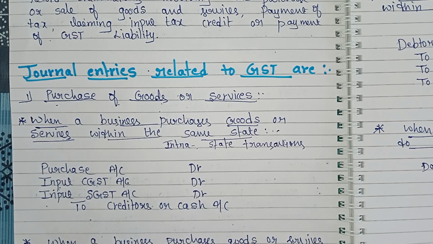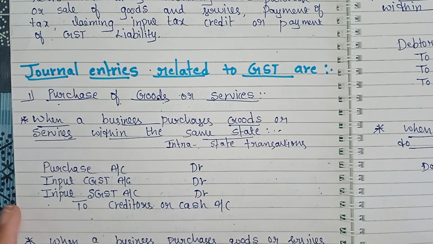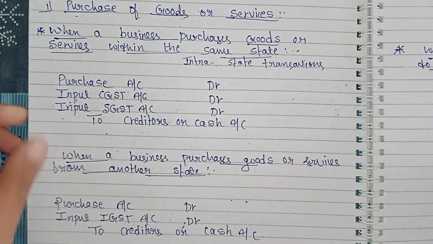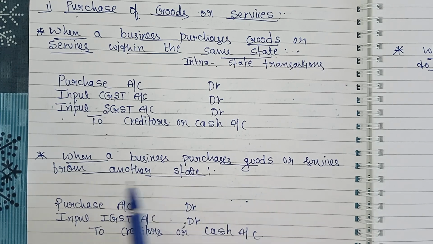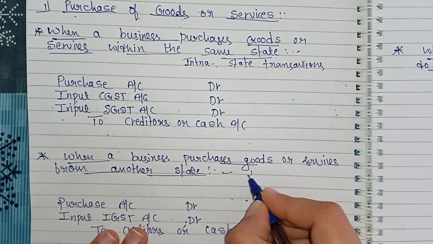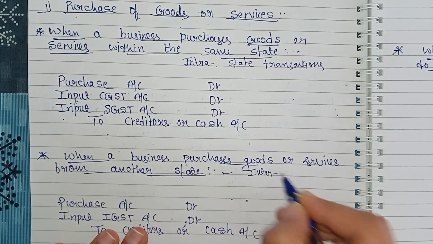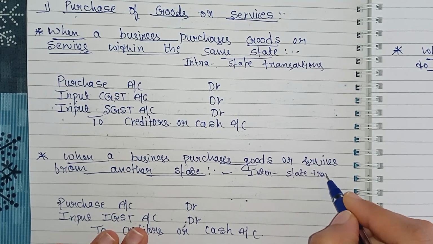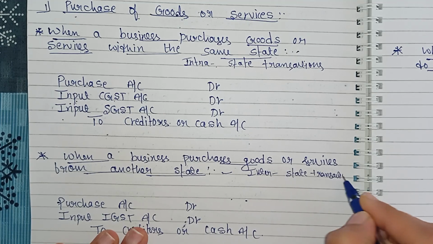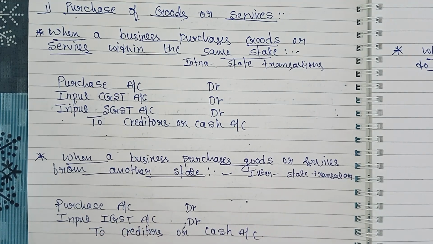Next case, that is when a business purchases goods or services from another state. It means interstate transactions. For example, Haryana purchases the goods from Maharashtra, two different states.